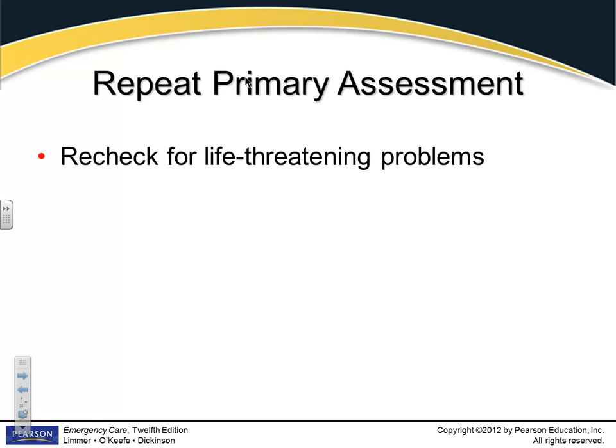Now, when you're repeating your primary assessment, and you may do that several times throughout your transport, you're looking for changes that might be life-threatening. If your patient was breathing 16 times a minute, now they're breathing 10 times a minute, is that a positive change or a negative change? That would definitely be bad. So that's something you want to make sure you catch. You want to reassess their mental status.